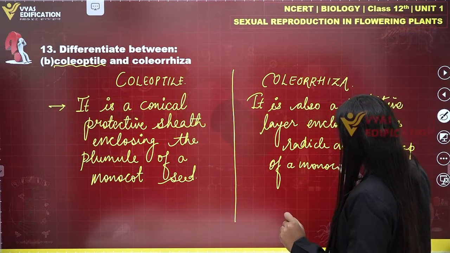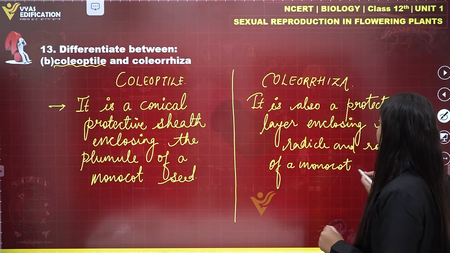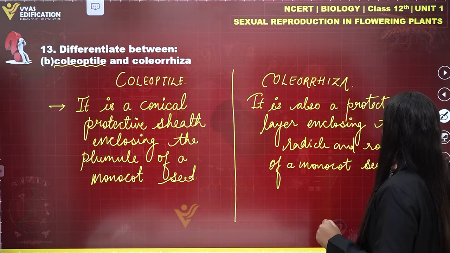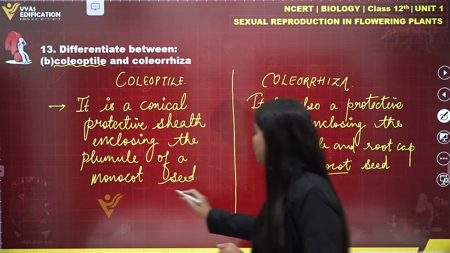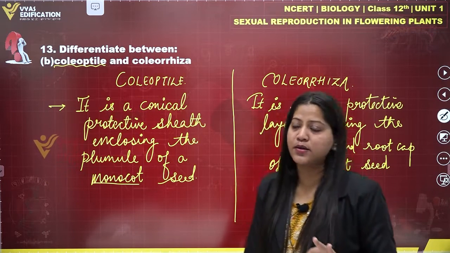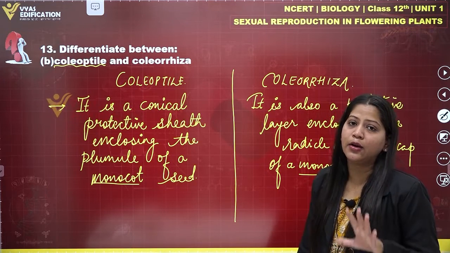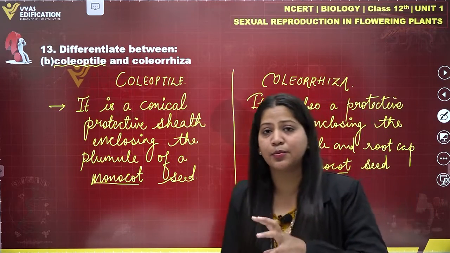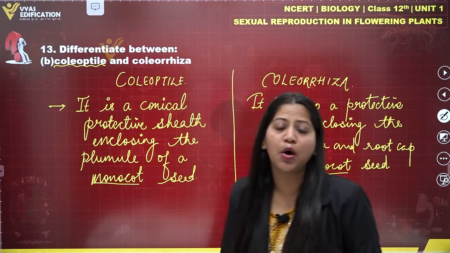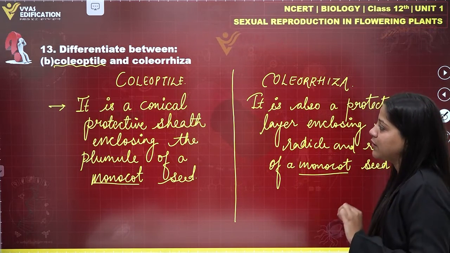Why monocot seed? This is present in monocot seed only. This is not present in dicot seed. Coleorhiza and coleoptile are the parts of monocot seed. They are not present as protective layers in dicot seed. So this is the basic difference between coleoptile and coleorhiza.